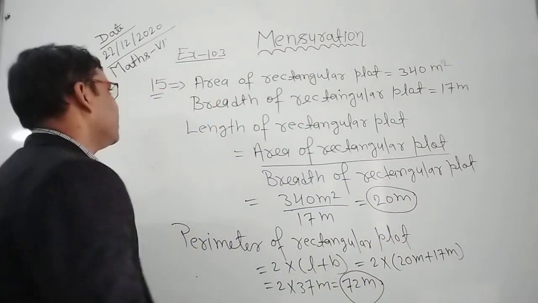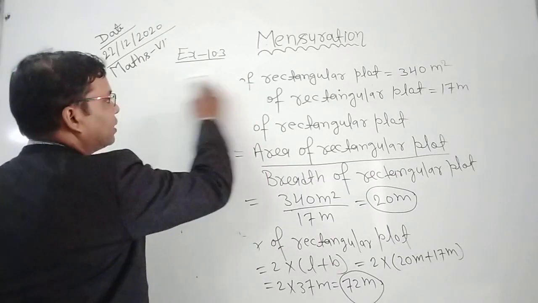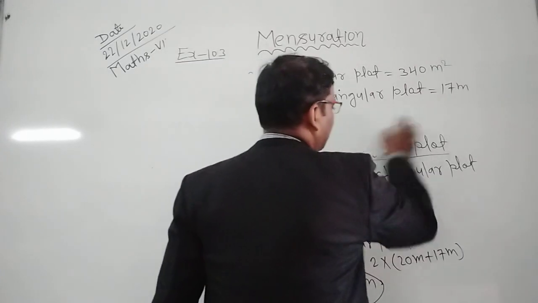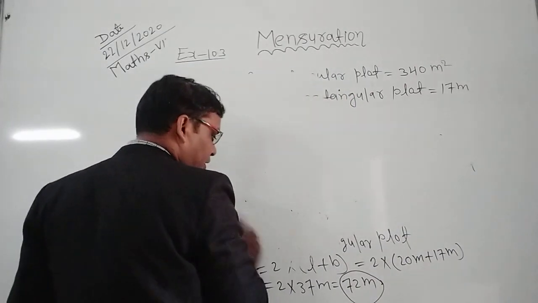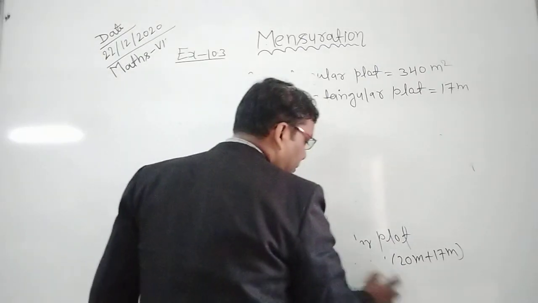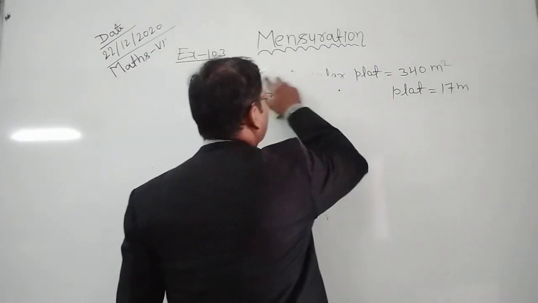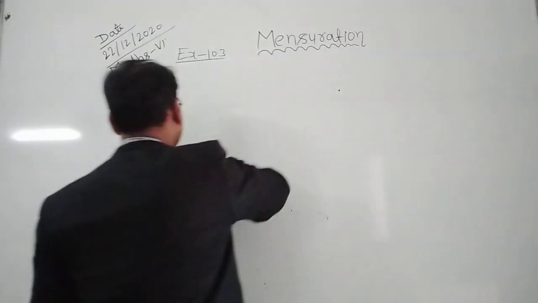So in this question, students, first we find the breadth. After this we find its perimeter, because the perimeter of the rectangular plot is the length of fence. When we multiply the length of fence by the rate of fencing, then we find the cost of fencing of the rectangular plot. This is clear now.